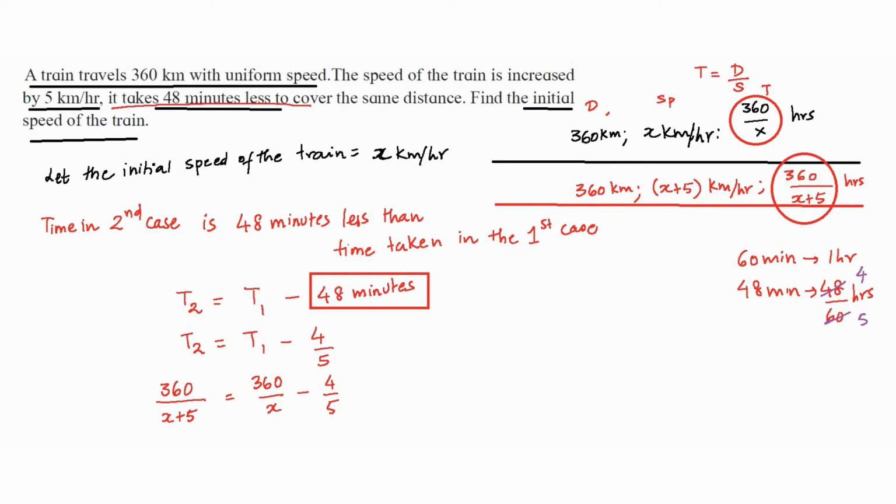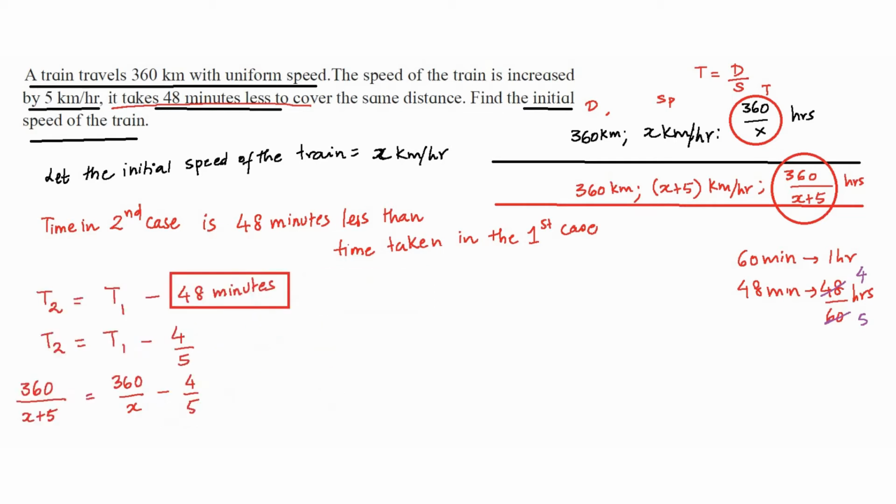Let us now go ahead and find the LCM. So in the RHS the LCM is 5x. So I can say 360 upon x plus 5 is equal to, LCM of x and 5 is 5x, so 360 into 5 is 1800 minus x into 4 is 4x.